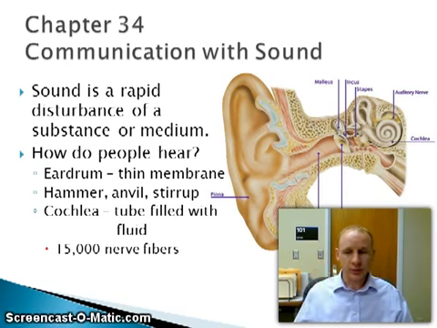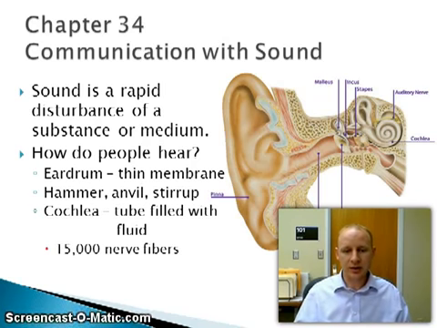So within our ears, we have first of all the eardrum, which is located right about here, a thin membrane that vibrates with the sound. It works very much like a drum, just as the surface of the drum vibrates to make the sound. So that's the same way that the thin membrane in our ear works. And then that vibration or the sound is transferred through three bones, the hammer, anvil, and stirrup, and then is passed along to the cochlea, which is located right about here.